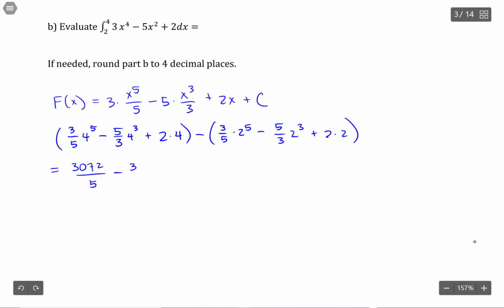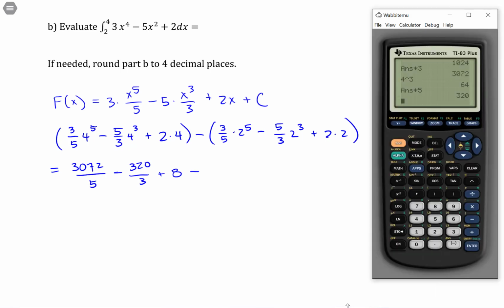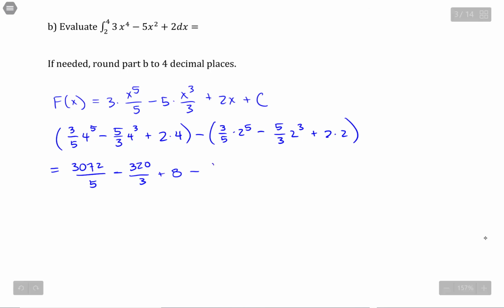So minus 320 over 3 plus 8 minus, and we'll start working on this, so 2 to the fifth, I think that's 32, but then I'm going to multiply by 3, so 96/5. The negative distributes, so it makes this next term positive. So this is 8 times 5, which is 40, so 40/3, and minus 4.